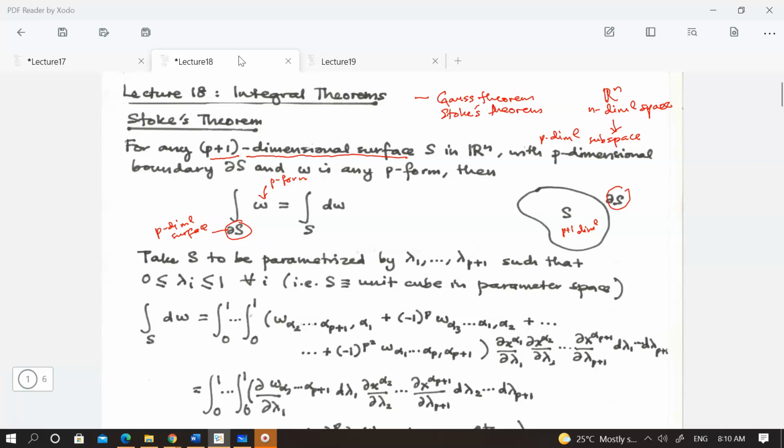If I want an integral over a P plus 1 dimensional surface, in this case this whole thing, then I would need a P plus 1 form. But you're only given a P form. The only way that you can increase the degree of this P form is to take an exterior derivative of your P form. That gives you a P plus 1 form.